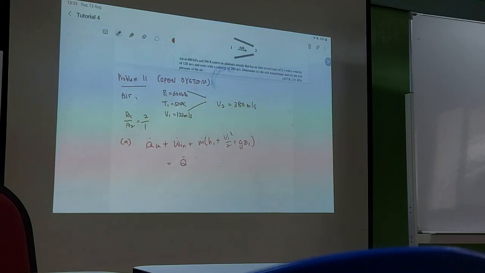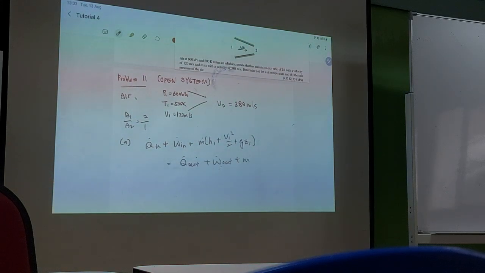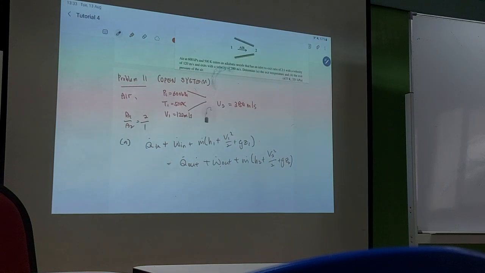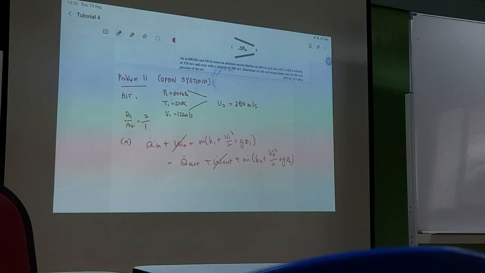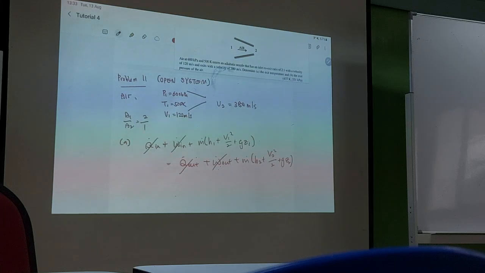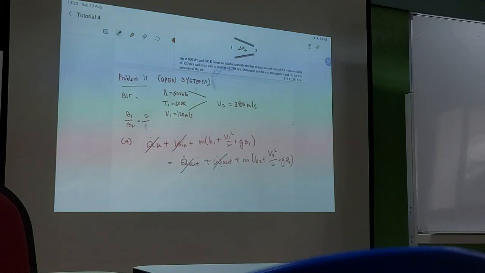For a nozzle, we don't really have any change in work. Since we are told that this is an adiabatic nozzle, the heat term cancels. Of course, if the question says there is energy loss or gain, then you follow the heat loss or heat gain. But otherwise, just cancel it off since it says adiabatic.